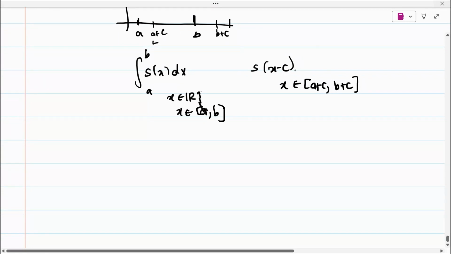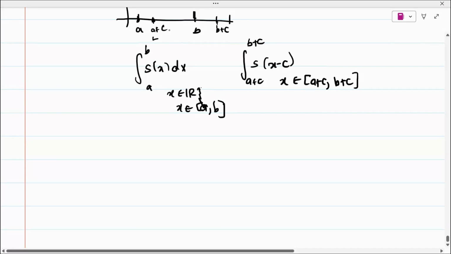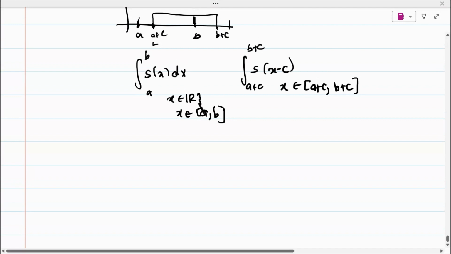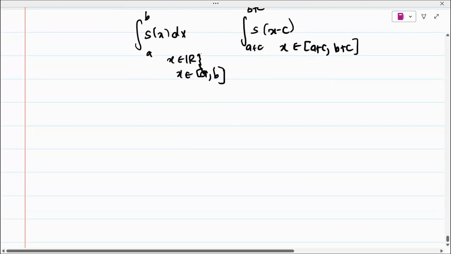So basically, these two are the same, but this one has its interval from a plus c to b plus c. So if you take this point here, this minus c is a, and this minus c is b. But then the area is the same. So that's basically invariance under translation.